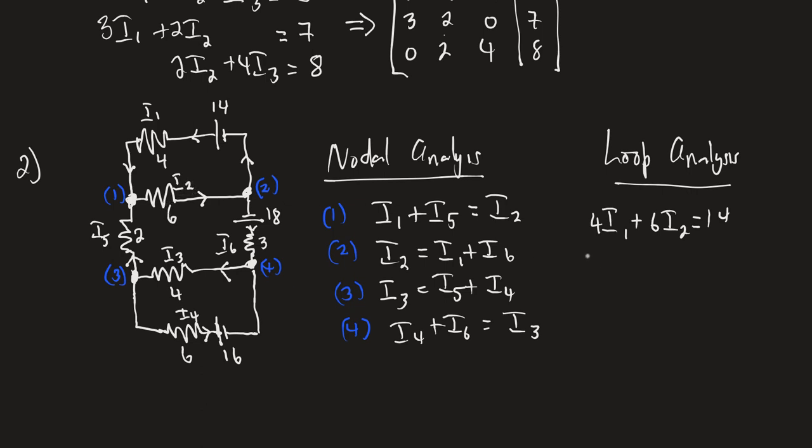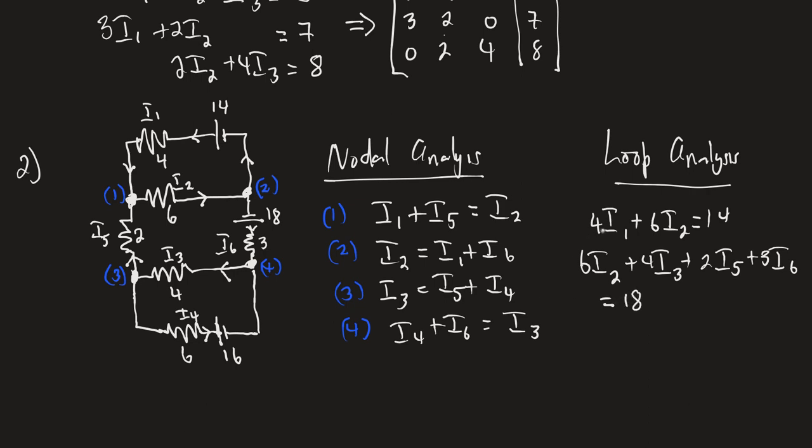So 6i2, and then the next one will be 4i3, and then I5 would be 2i5, and then we'll have 3i6, and that has to be equal to, well, there's only one battery in that loop, and it has a voltage of 18, so equals 18, right?